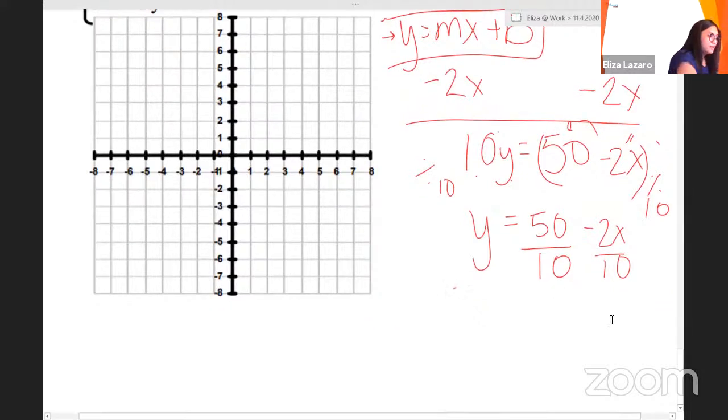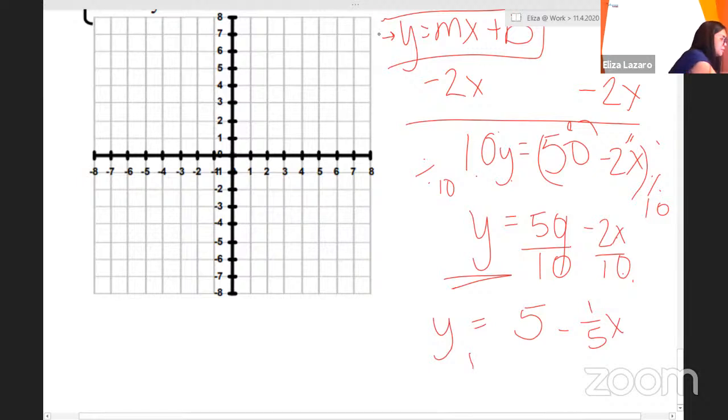Next, we simplify. We have y by itself already, so we're going to simplify this side. 50 divided by 10 is really just 5, and if we divide both the top and the bottom by 2, we're left with negative 1/5 x equals y.